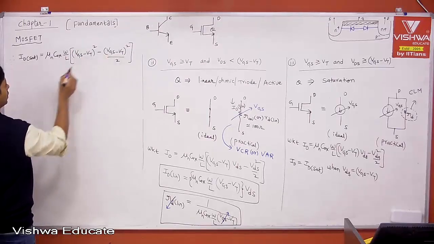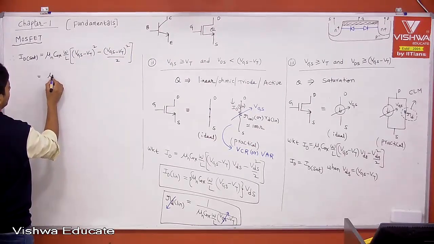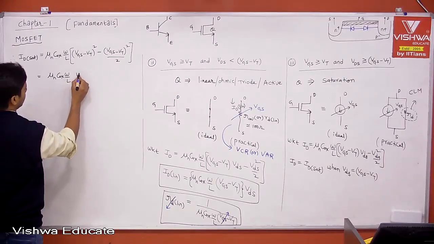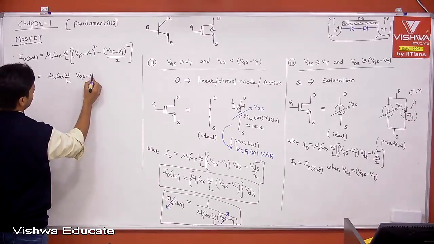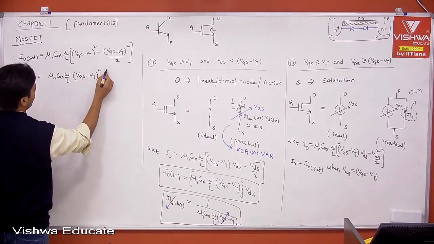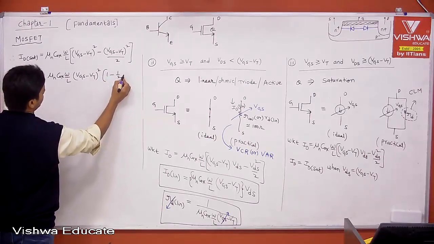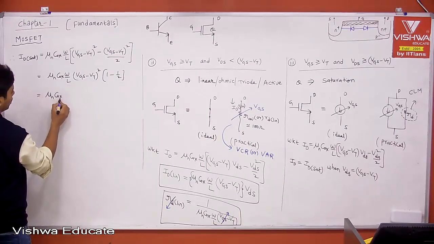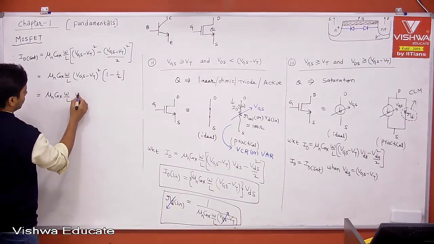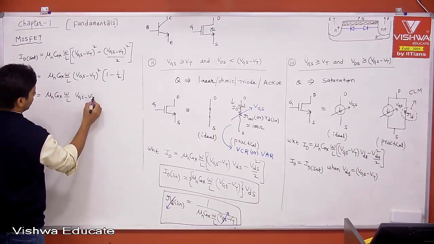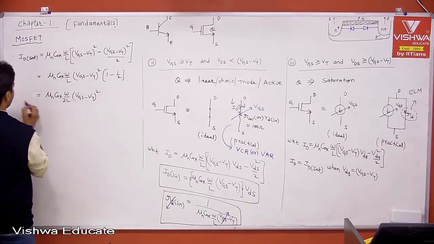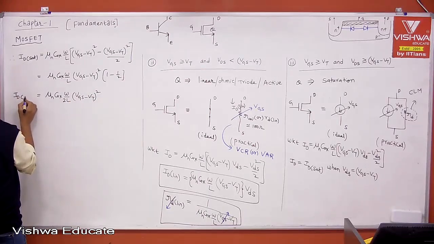When you take VGS minus VT whole square common, you get mu n Cox W by L into VGS minus VT whole square, and if you take 1 minus 1 by 2, which is 1 by 2, therefore mu n Cox W by 2L into VGS minus VT whole square. This is our ID saturation, the saturation current equation.